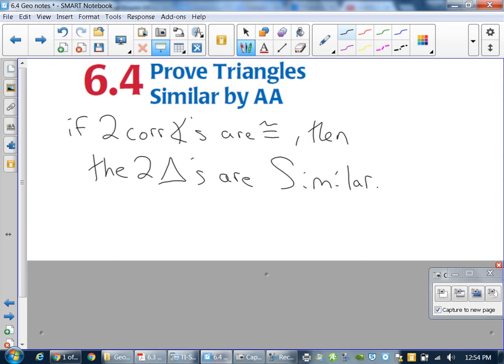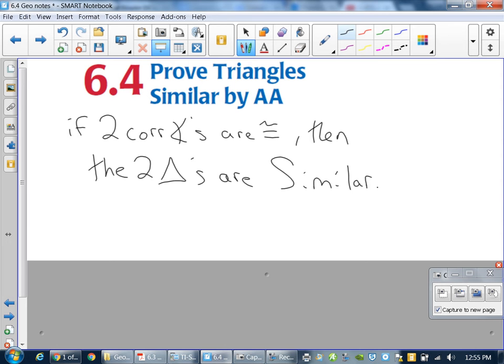Because basically, that sets up the fact that, well, how many degrees are in a triangle? 180. No matter what, if you've got 2 sets of angles that are the same, that's always going to leave you with the same amount left over for that 3rd angle. So angle basically means the exact same thing as angle.